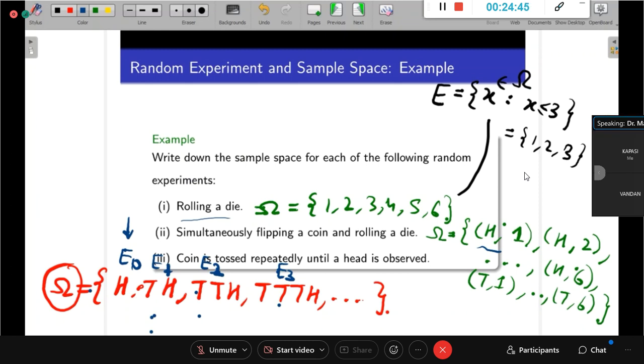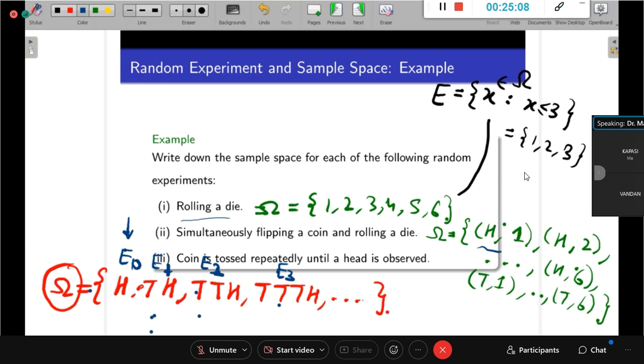Now you can decide, like first head, or you can take one of the events as head showing up and rolling a die with an even number. Similarly for the tail case, you can distinguish the cases.